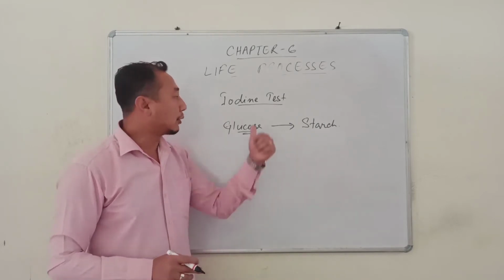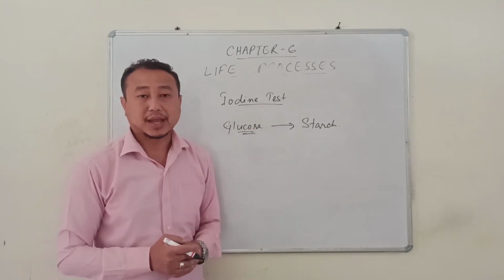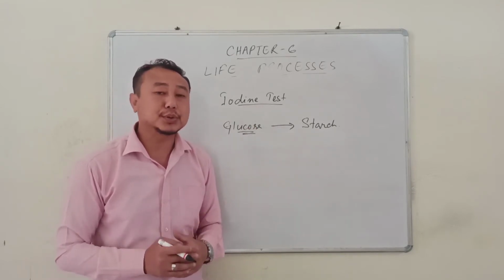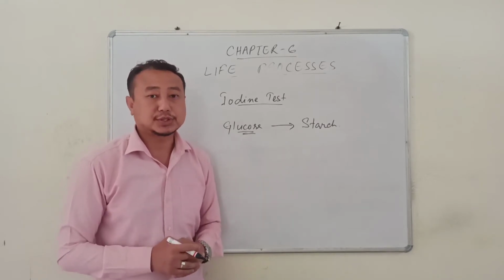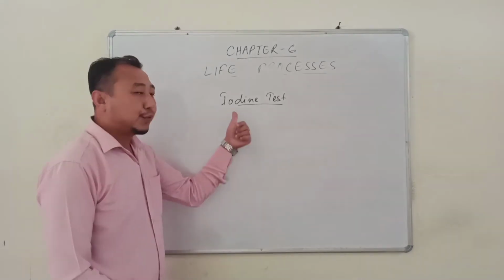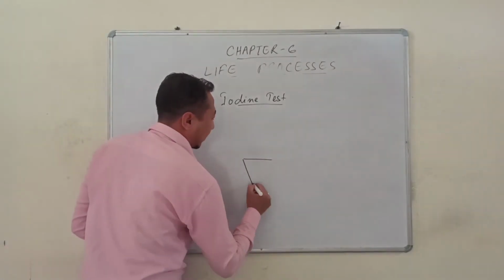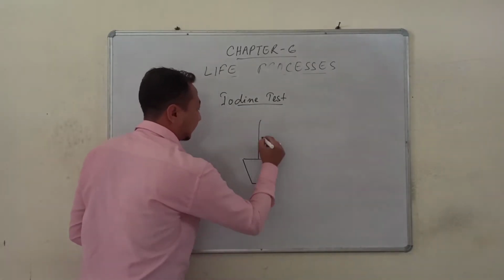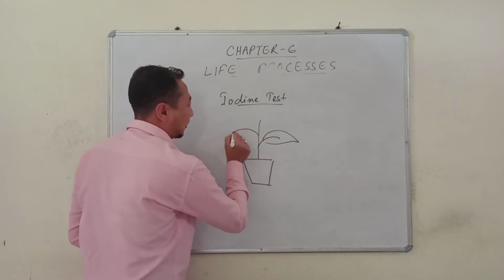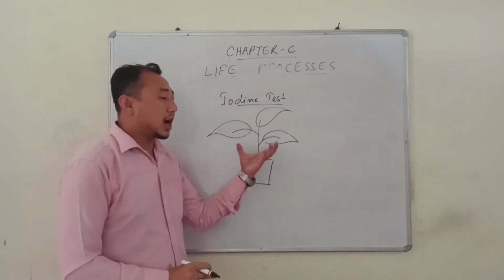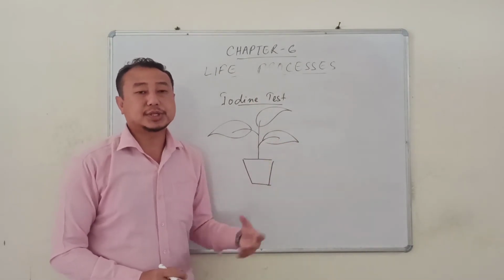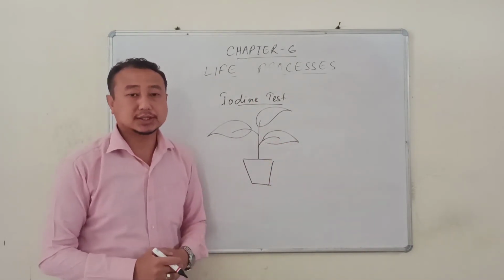Now let us see how this iodine test can be done, and how we can know that the part of the plant containing chlorophyll performs the process of photosynthesis. For this test, let us take a potted plant, a plant which is grown in a pot. Let us keep this plant in a dark room where there is no light for 2 to 3 days.